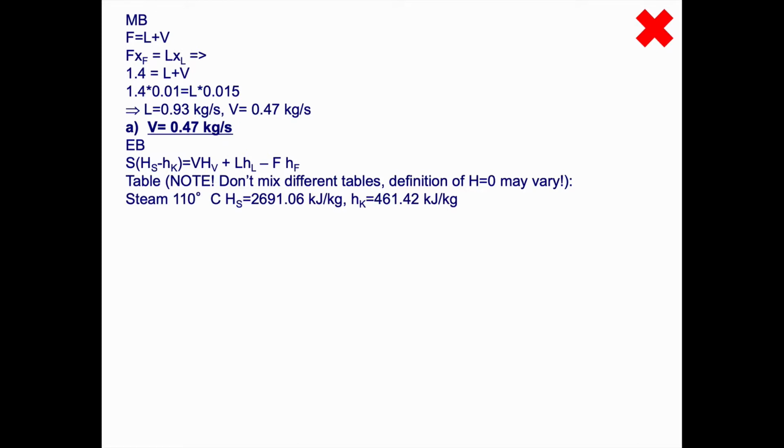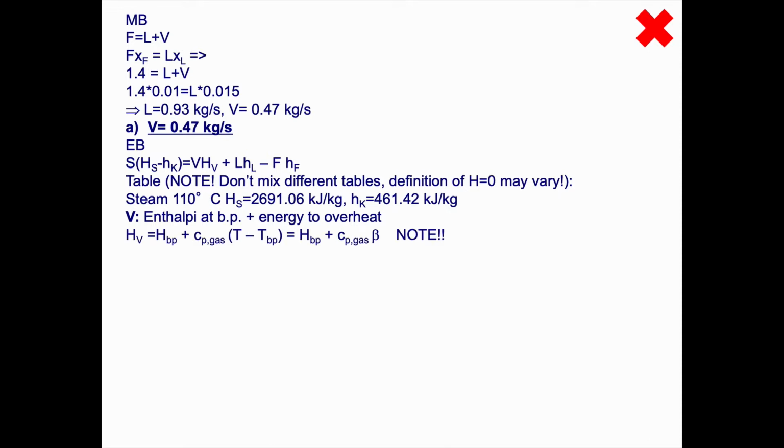So in our table, steam at 110 degrees centigrade has an enthalpy of 2691 kilojoule per kilogram, and the condensate has 461.42 kilojoule per kilogram. For the vapor leaving, we know that it has an enthalpy at the boiling point plus the energy needed to overheat.